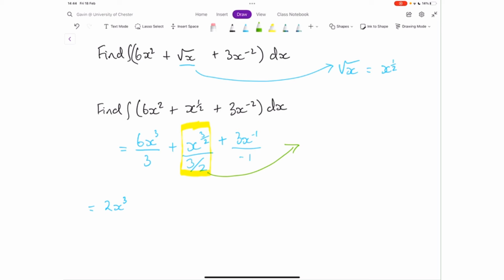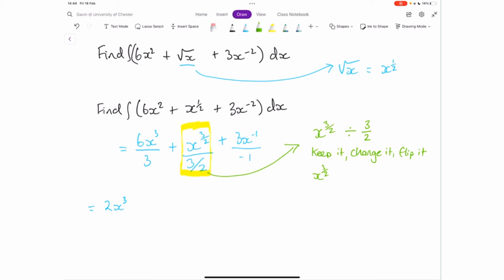What we're saying here is that we've got x to the 3 over 2 divided by 3 over 2. Now, whenever we're dividing by a fraction, we can remember a simple rule. Keep it, change it, flip it. What do I mean by keep it? I mean we keep that first term, so x to the 3 over 2.